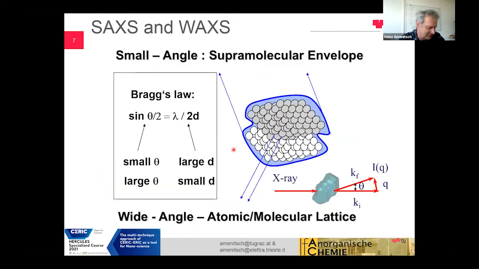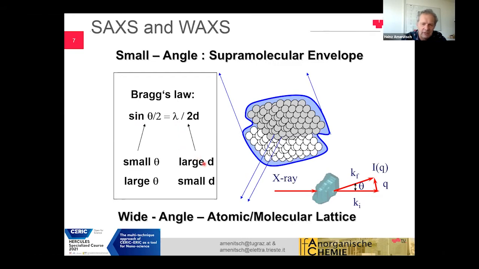Okay, so coming back to small- and wide-angle X-ray scattering. With small-angle scattering, you measure the supramolecular envelope, and with wide-angle scattering, you measure the atomic molecular lattice. Why can you do this? The simple explanation is related to Bragg's law. Here is a reformulation of Bragg's law.